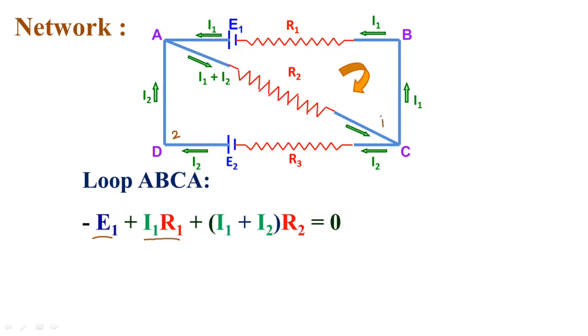For R2, the path traces from C to A and the current I1 plus I2 flows opposite to the path traced. Therefore, the potential difference across R2 is I into R, that is, I1 plus I2 is the current flowing across the resistance R2. By Kirchhoff's voltage law, in a closed loop of a network, the algebraic sum of potential differences for all components plus the algebraic sum of all EMFs is equal to 0.